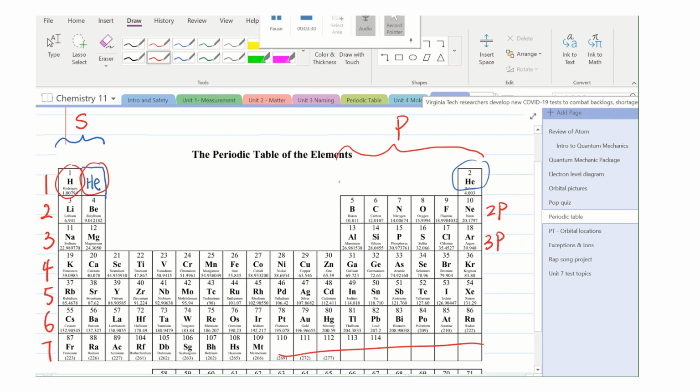Okay, can you guys see it here? So you see these columns here, they're occupying the p orbitals. And if you count the total number of electrons that it can fill here, they are 6. The p orbitals can hold a maximum of 6 electrons.